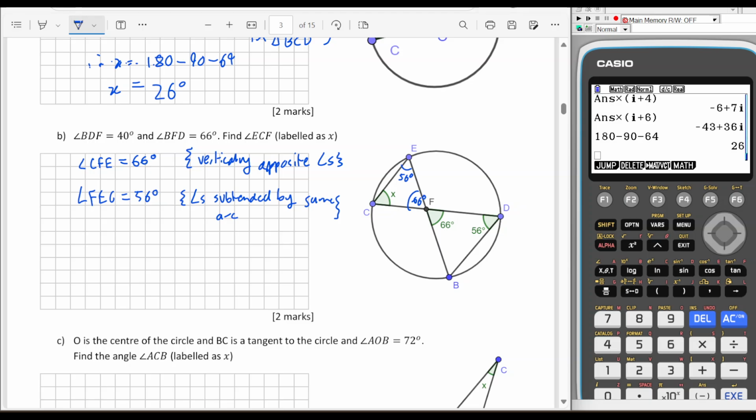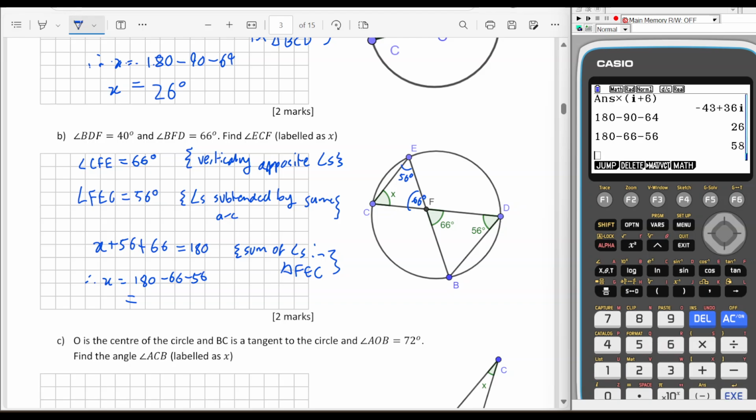And then x plus 56 plus 66 equals 180. And this is sum of angles in triangle FEC. Therefore, x would be 180, take 66, take 56, and we can work that out. 58.